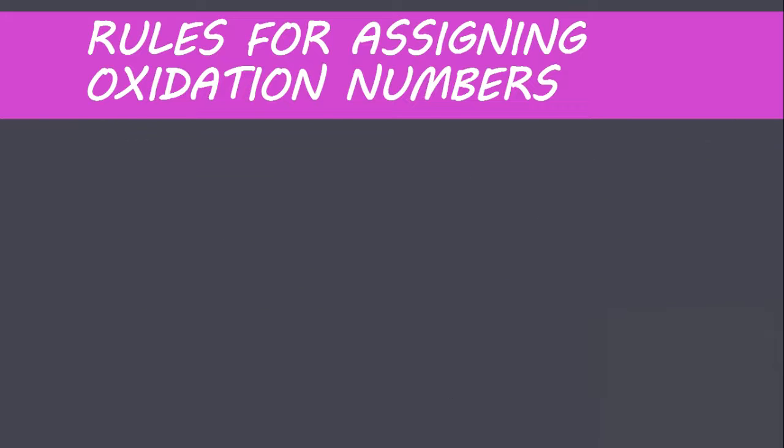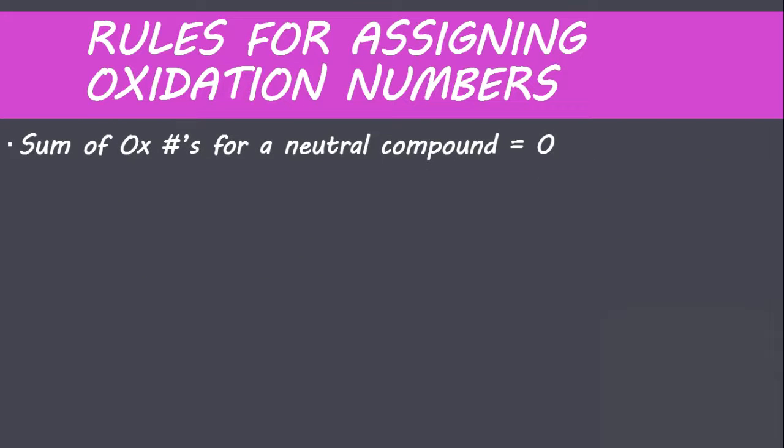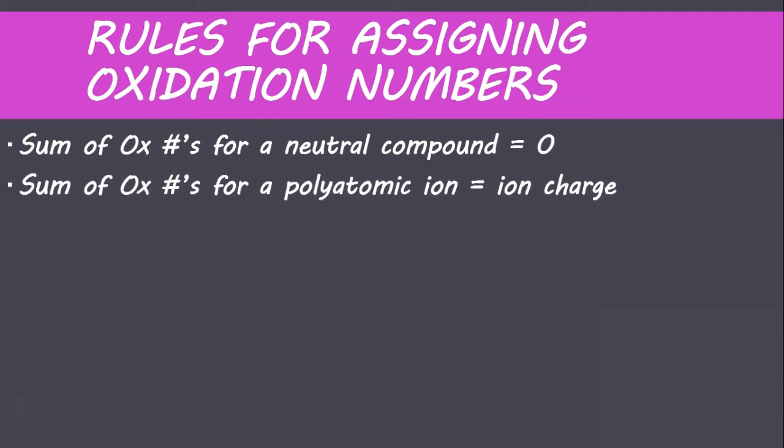It's always a -1. All right, next what we need to do with our problems when we're finding oxidation numbers is we'll notice that the sum of the oxidation numbers for any neutral compound is 0, just like the sum of the charges is 0 for an ionic compound. For a polyatomic ion, it's equal to the charge on that ion.